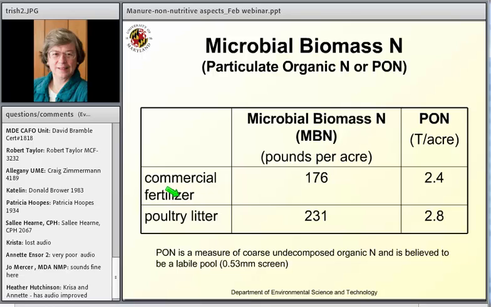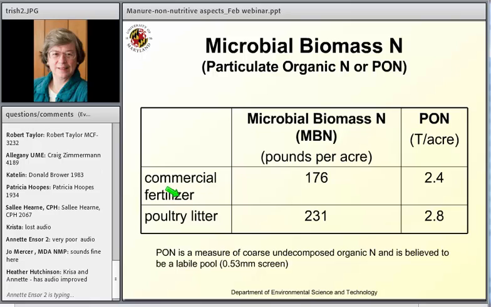Sometimes this is done with a microwave treatment, and sometimes this is done by using chloroform. But at any rate, they try to kill the microbes, they let the soil sit for a while, and then they come back and extract it again. So this is a very gross measurement of what's believed to be associated with microbial biomass.